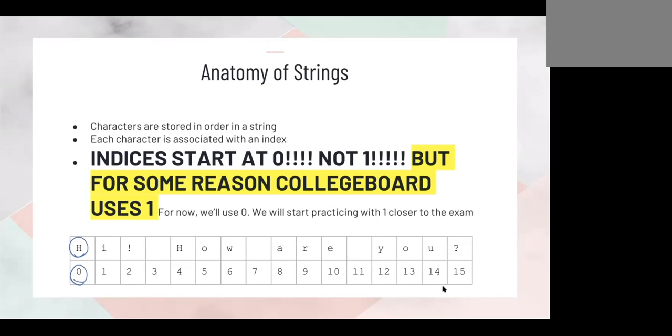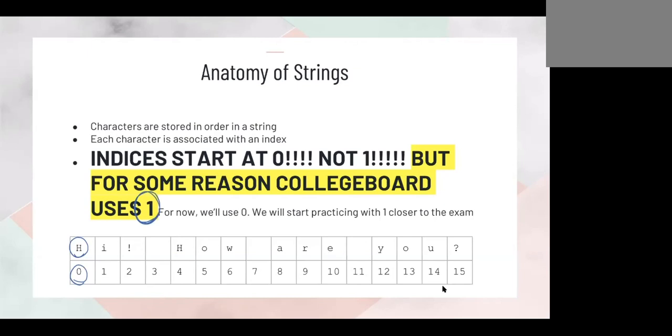So it really makes me mad to see that. But if you're interested in coding, like when you go to college or for the rest of high school, it starts at 0. But for the purpose of this AP test, it starts at 1.